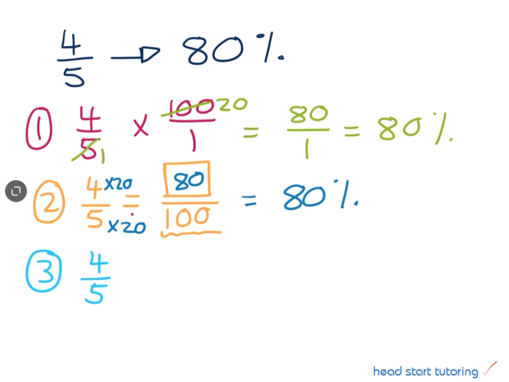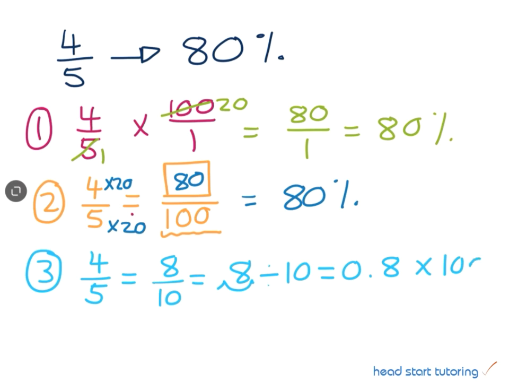So 4 over 5 as a decimal, what we can do is first get 4 over 5 into an equivalent fraction out of 10, which is 8 over 10, and 8 over 10 is equal to 8 divided by 10. And 8 divided by 10 is 8.0 divided by 10, which we bring in one decimal place, and we've got an answer of 0.8. And then we can multiply 0.8 by 100 in order to get 80%.